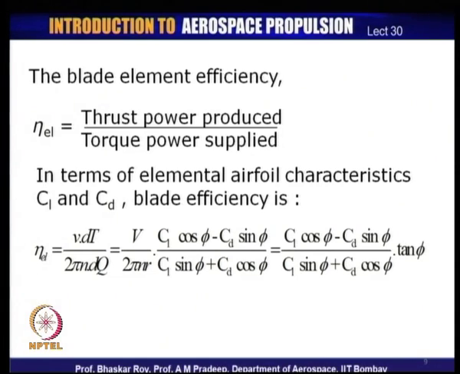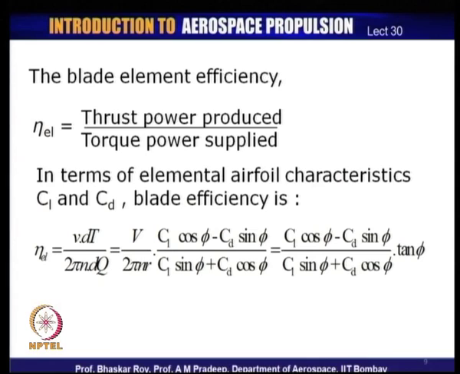So, these blade elements would have certain basic elemental efficiency, which when blended together would give us, of course, the total propeller efficiency. The elemental efficiency, as per the known efficiency definition, is the thrust power that is produced by the particular element over the torque power that is supplied by the engine.